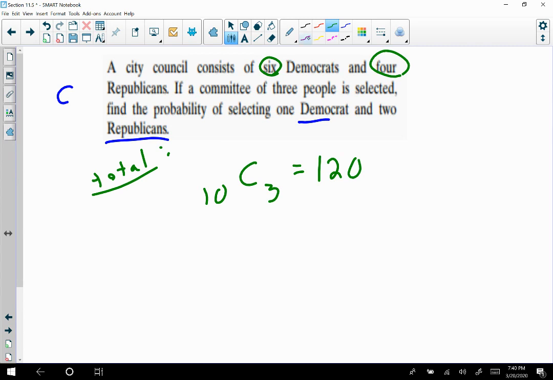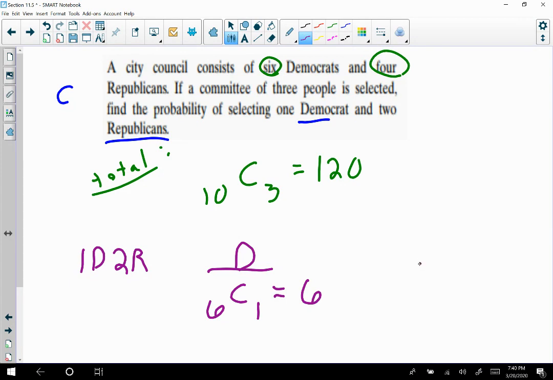Okay? Now let's deal with the event. We want 1 Dem, 2 Republicans. So let's talk about the Democrats first. How many Democrats are there? There are 6. And we're going to choose 1 of them. Well, 6 choose 1. If you go into your calculator, it will give you 6.